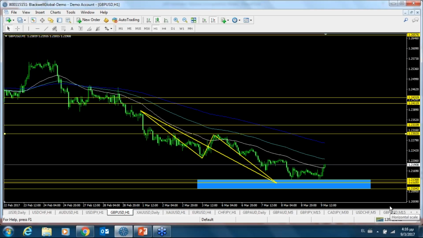So when you pair the Norwegian krona with the US dollar, you are actually selling the USD and buying the NOK, right? So USD NOK is actually correlated negatively with the GBP USD. So if a lot of people are selling USD NOK, that means that investors are also buying GBP USD.